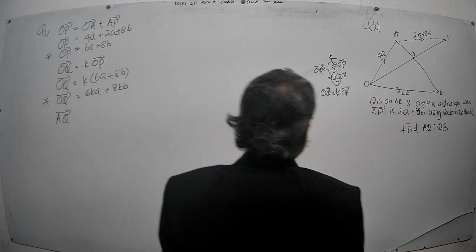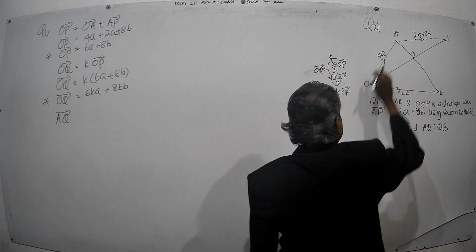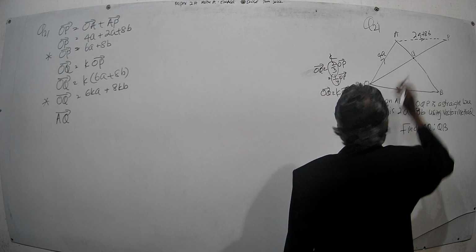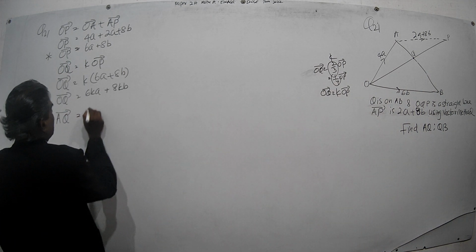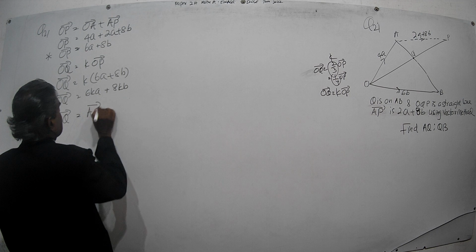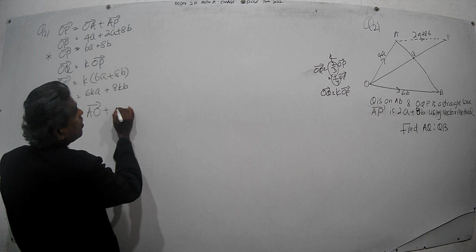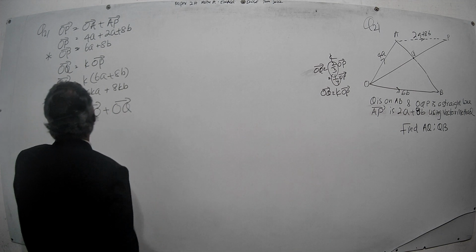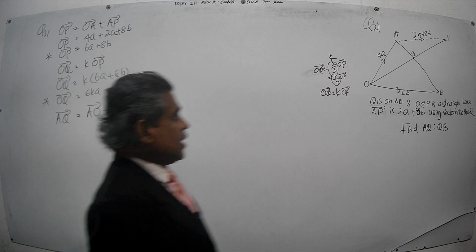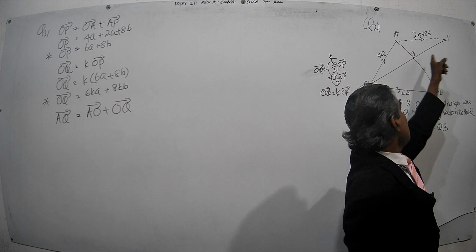Vector AQ we can write like this: vector AO plus vector OQ. Alright. That is the vector AQ.